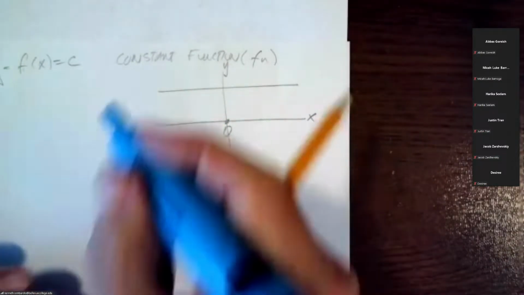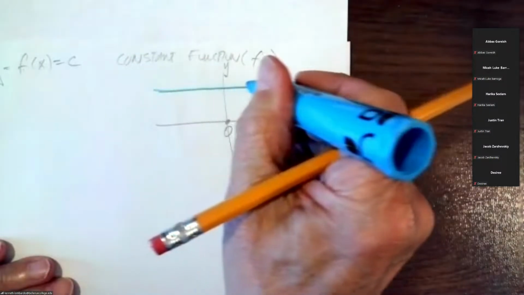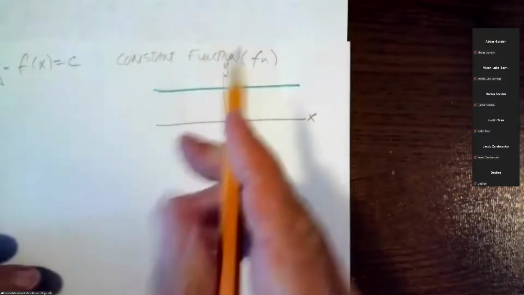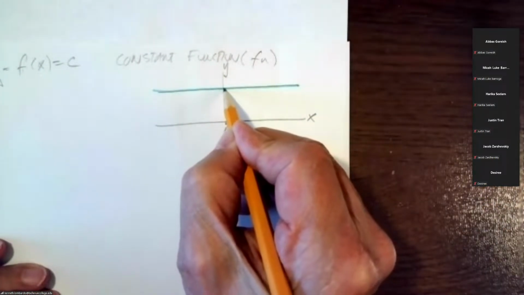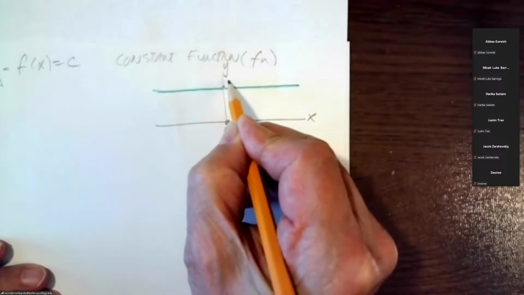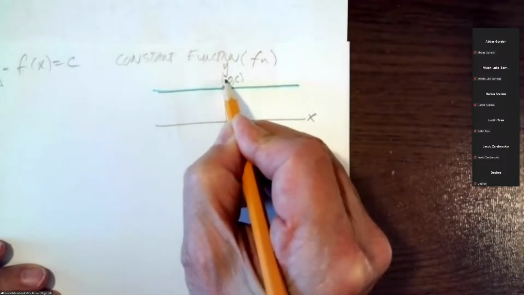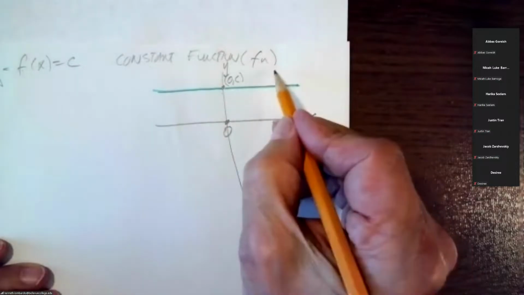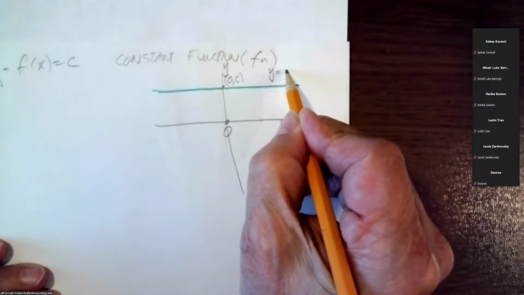Let me just make this up. Sort of looks like that, where this distance in the vertical direction is c. So this point here would be 0 and c, wouldn't it? And that's the function y equals c.